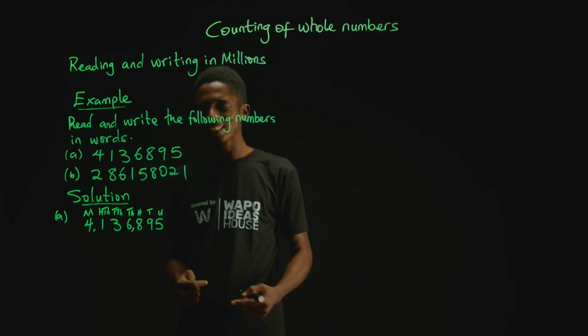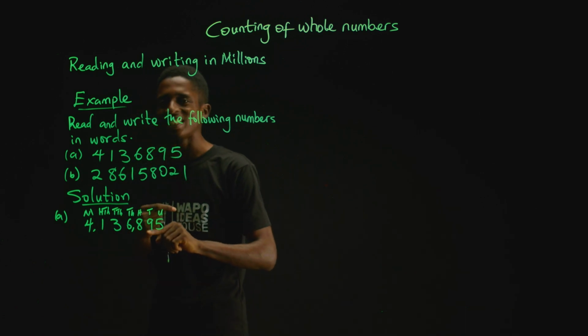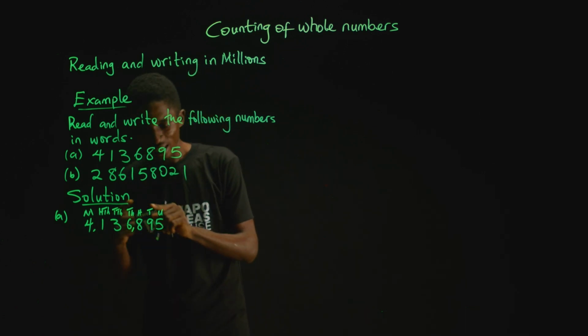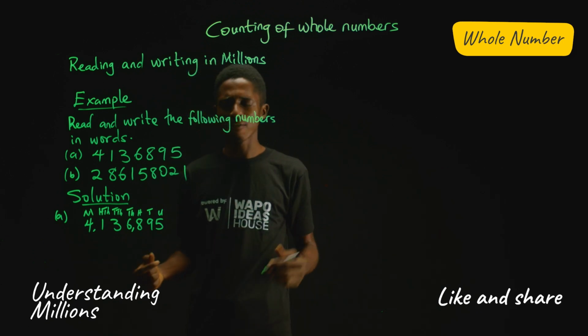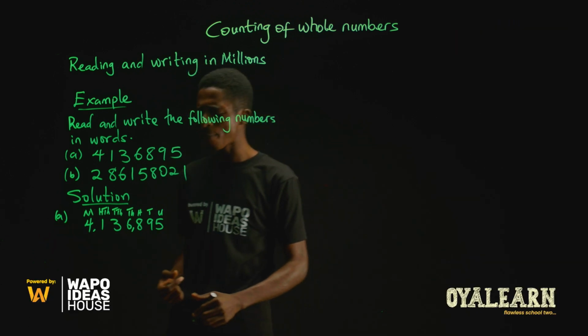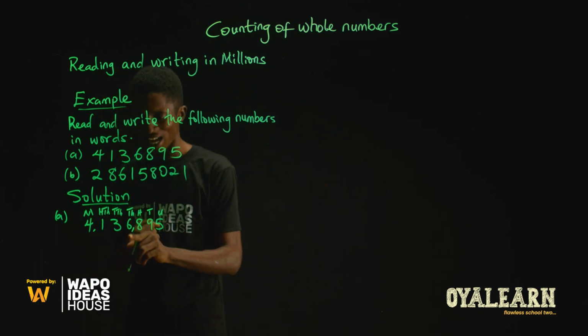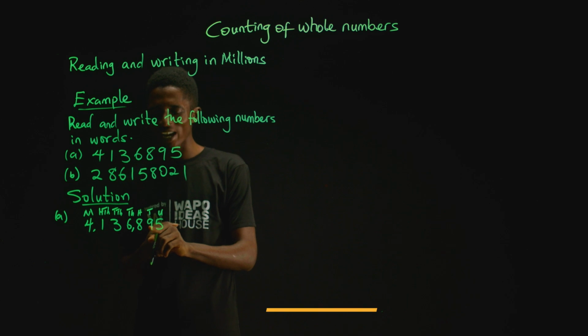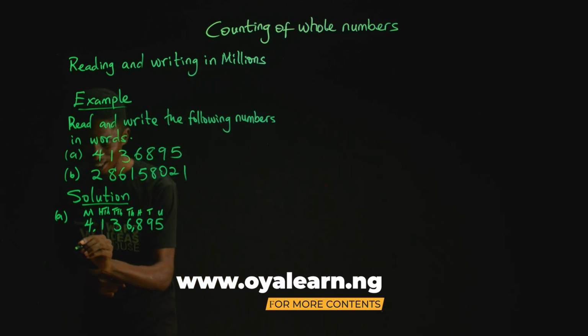And then the final 3 digits will be 895. So together, what we have here becomes 4,136,895. Now let's write that.